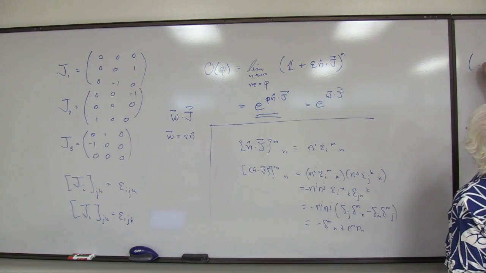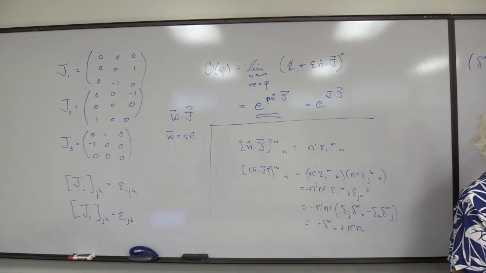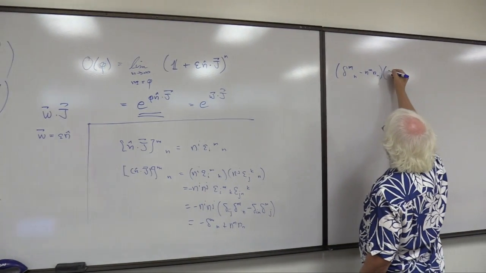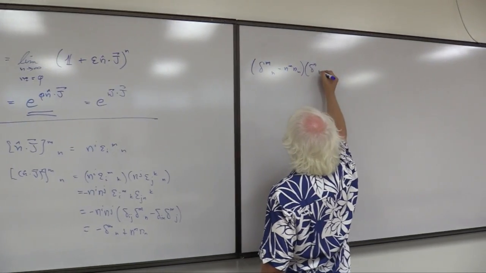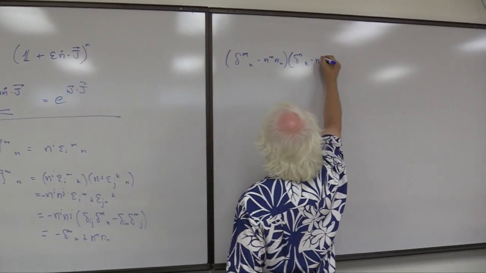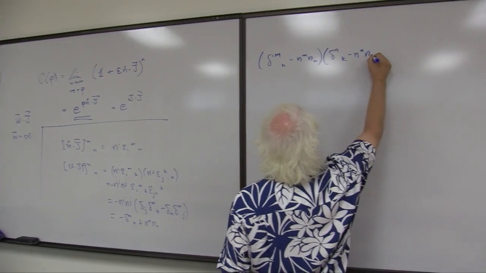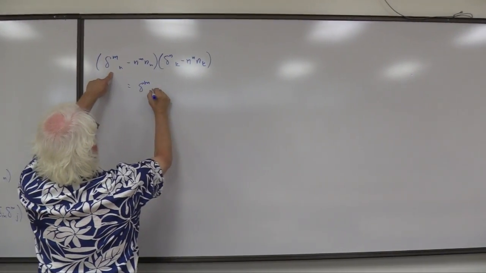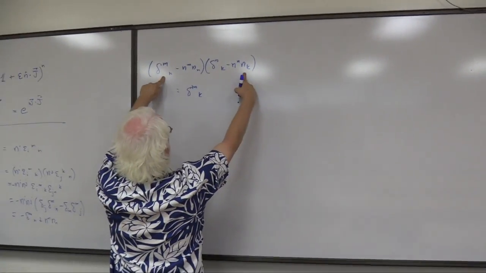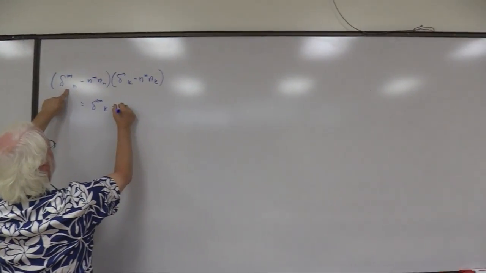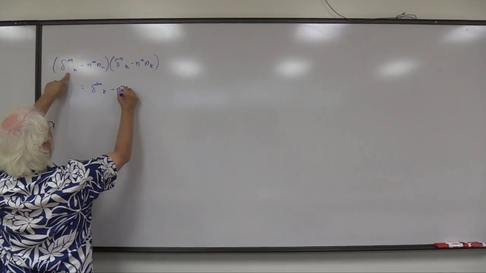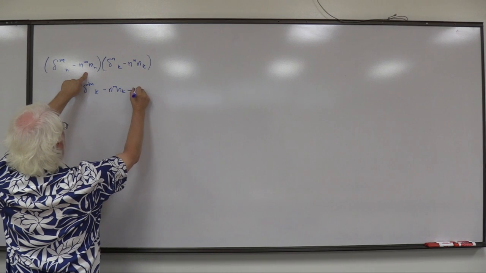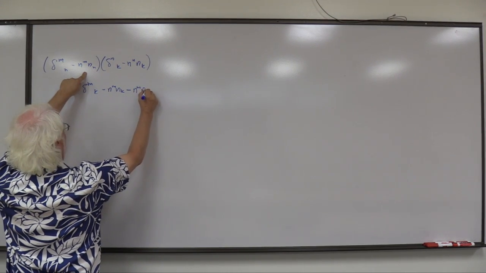So we check delta_mn minus n_m n_n with delta_nk minus n_n n_k equals, okay, here we get a Kronecker mk. Here we get minus n_m n_k. Here we get minus n_m n_k.